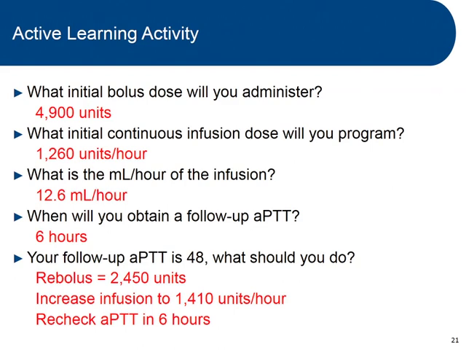So I just kind of click through all those values. So you can see for her, that means that we would increase the infusion to 1,410 units per hour. Of course, that would be 1260 plus 150, and that's how we come up with 1,410 units per hour.